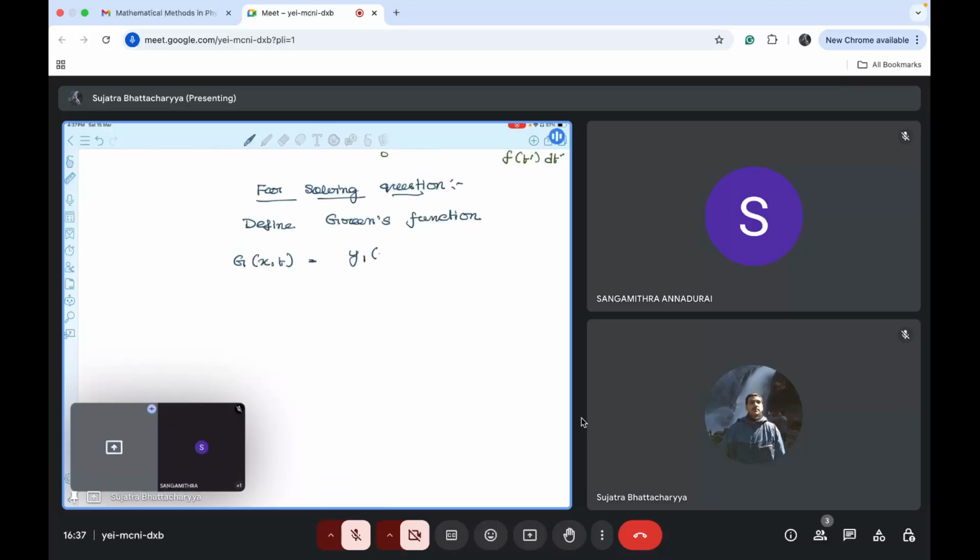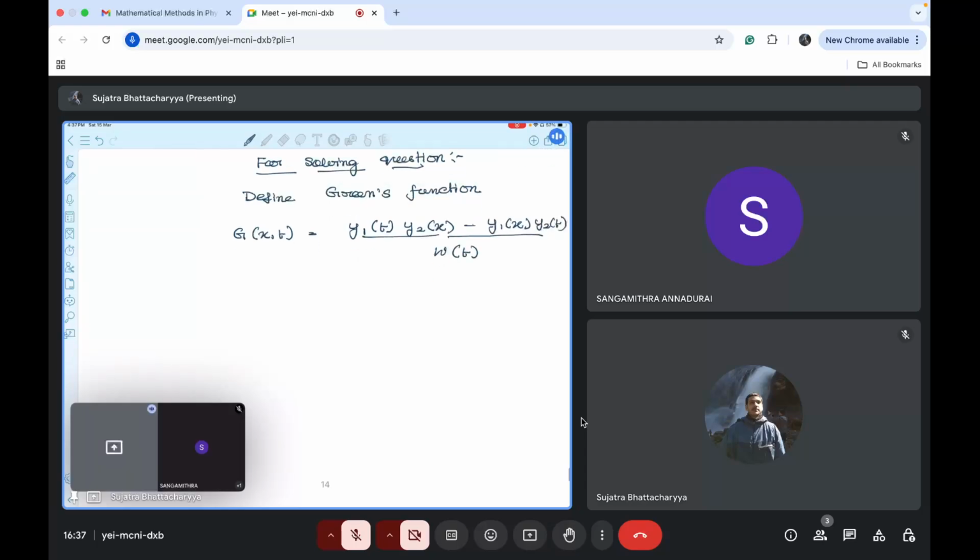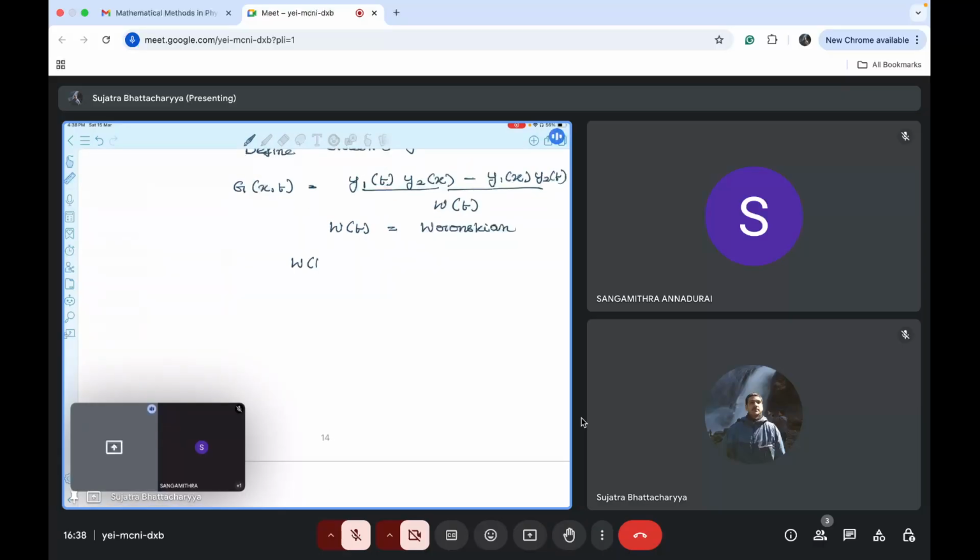So you write y1 of t, y2 of x minus y1 of x, y2 of t, divided by W of t, which we have seen earlier is the Wronskian. How it is defined is simple: the determinant of y1 of t, y2 of t, y1 dash of t, y2 dash of t, where dash means the first order derivative.